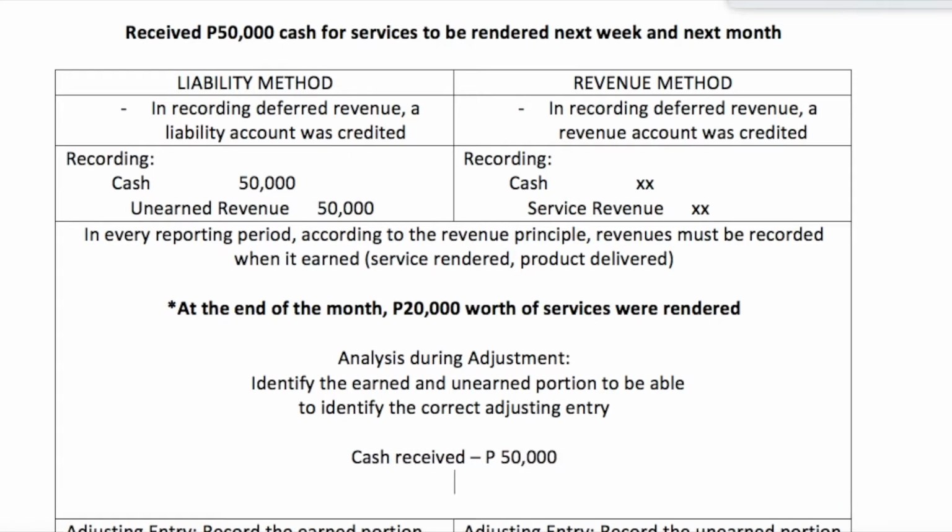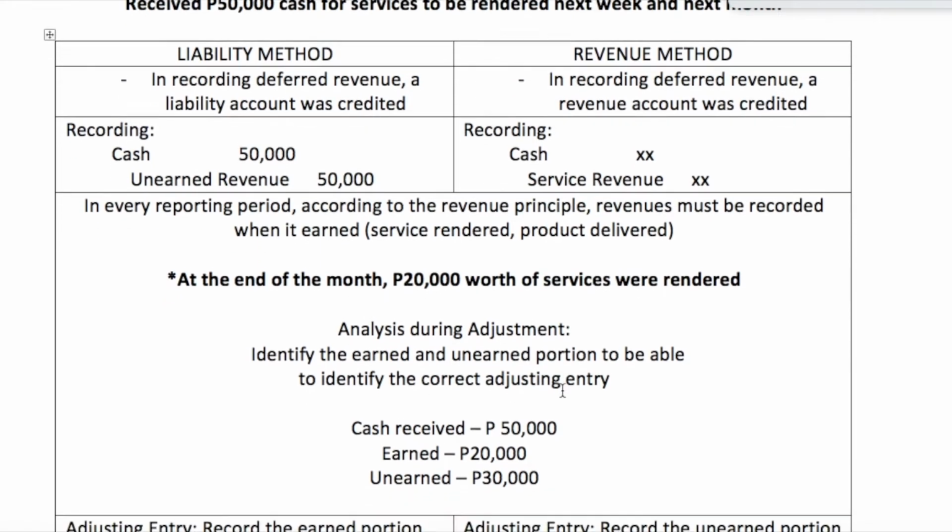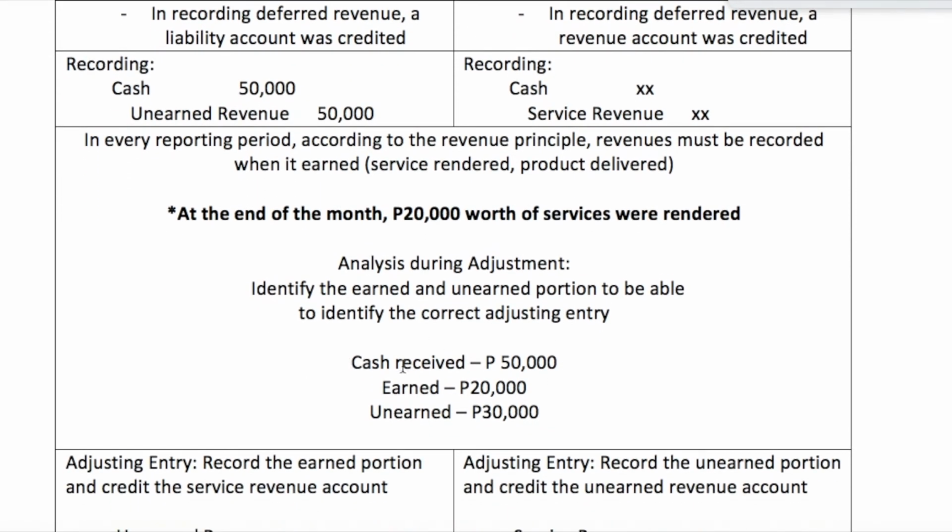Okay, by the end of the month, we have earned how much? We rendered 20,000. Meaning, the unearned is 30,000, right? Okay, easy math. So during the adjustment period, you should identify the earned and the unearned portion.